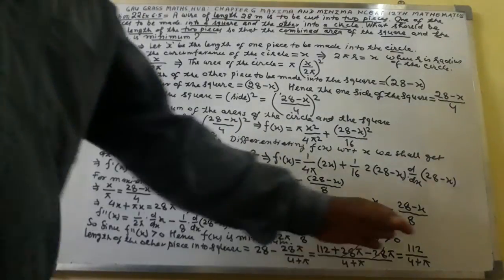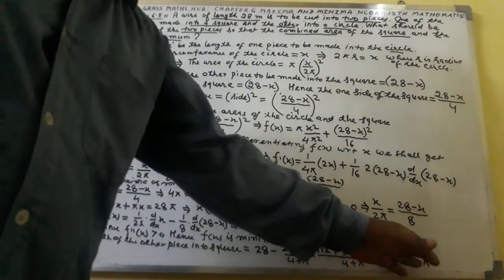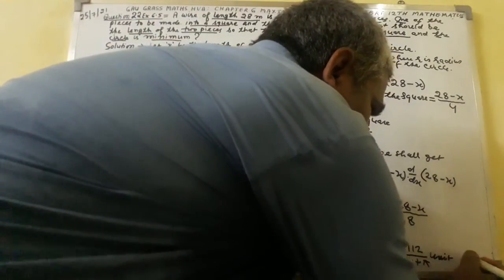So you have got here 112 whole over 4 plus pi unit. This will be the answer, and also here write unit.